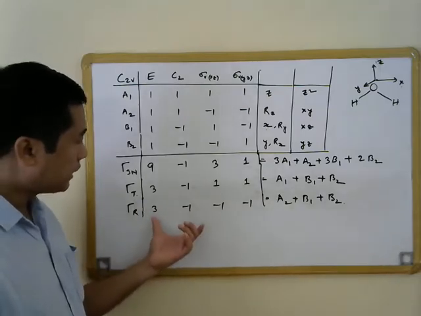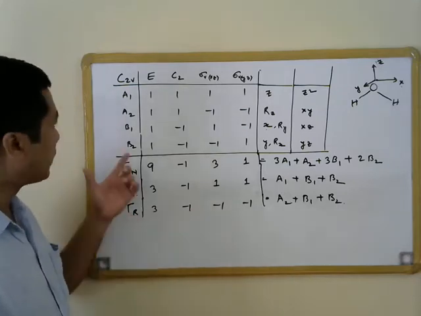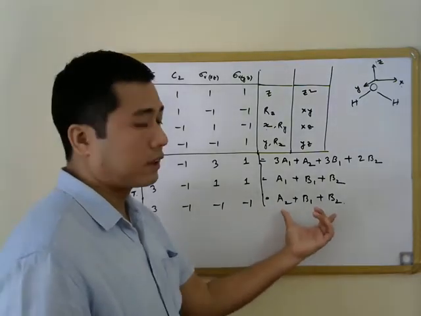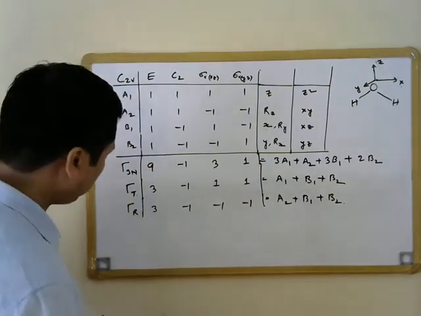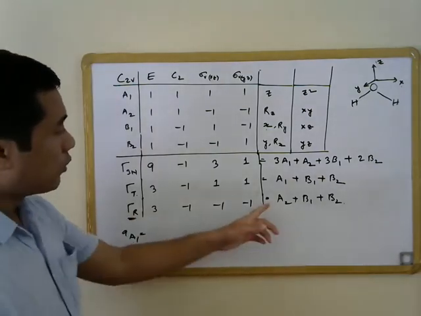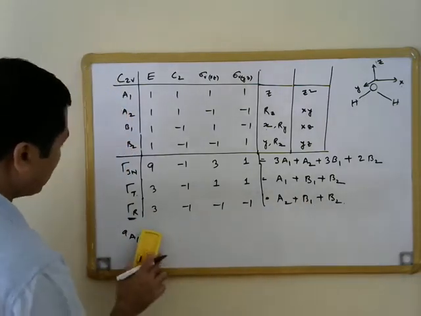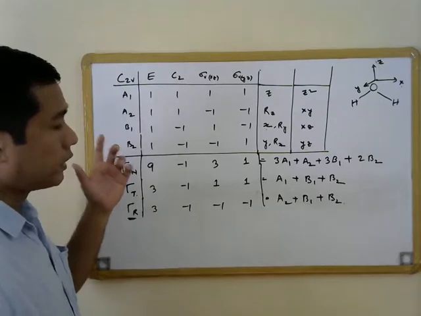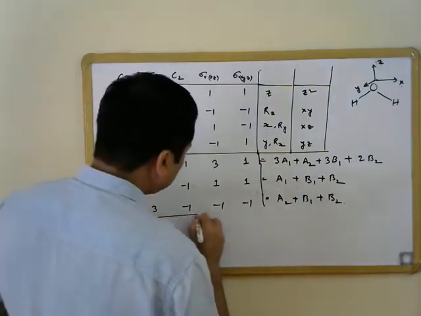So again, you should take these characters of this reducible representation gamma r, and you should find out how many times these irreducible representations appear in gamma r, and you should find answers equal to this: that A1 does not appear, that is you will find the answer to be equal to 0, while for A2, B1 and B2 you will find answer equal to 1, 1 and 1. So all these three irreducible representations appear one time, while the A1 irreducible representation appears 0 times in this gamma r.